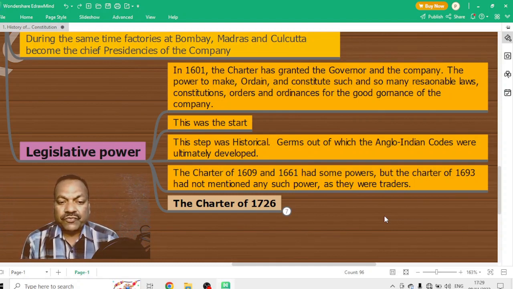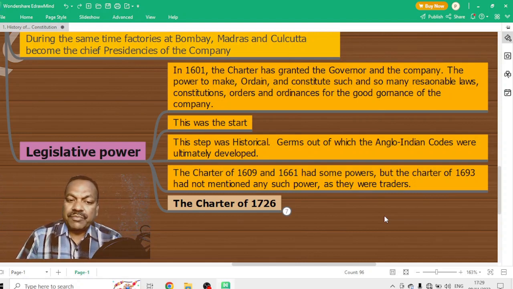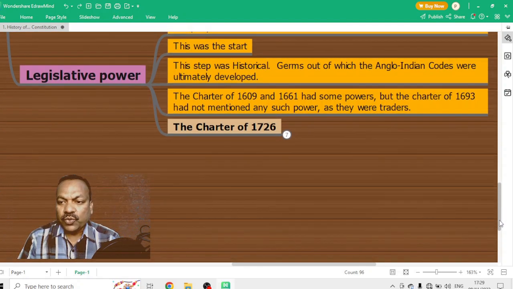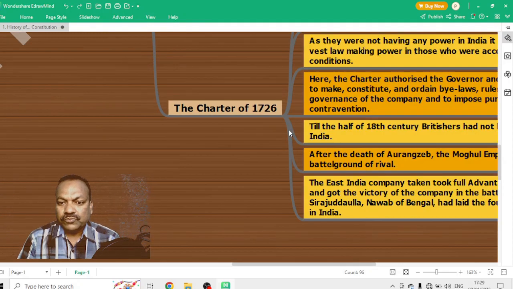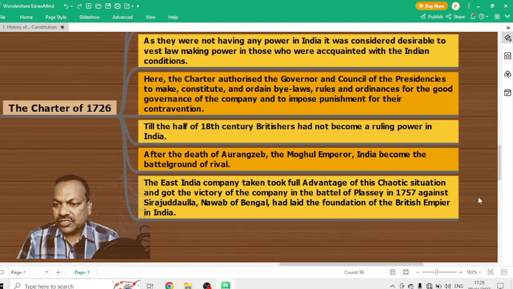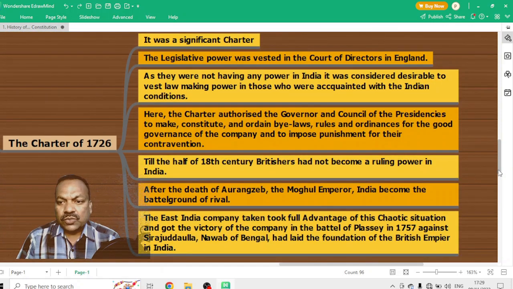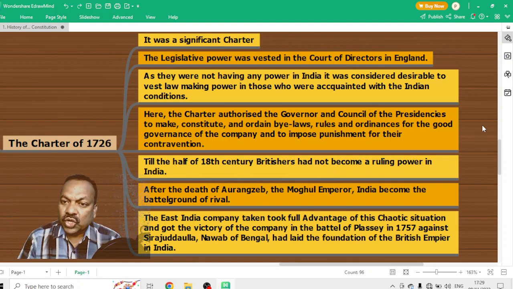After a few years, the Charter of 1726 came into existence. So we will look into the provisions of the Charter of 1726. This was a significant charter. The legislative power was at that time vested in the Court of Directors in England.